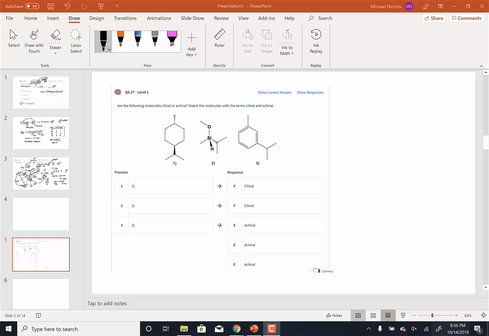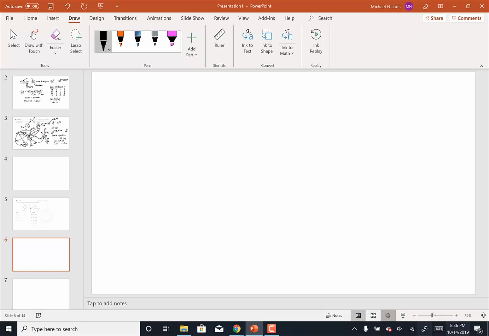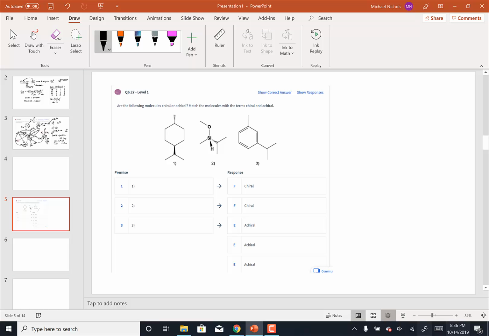Okay, someone asked about question 6.27, and in that problem we have three molecules, and it says, are the following molecules chiral or achiral?